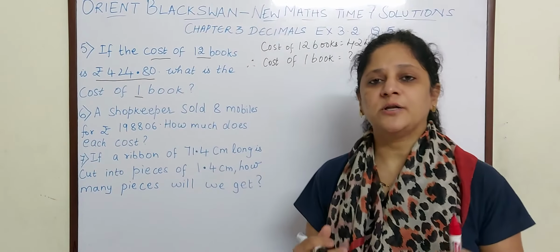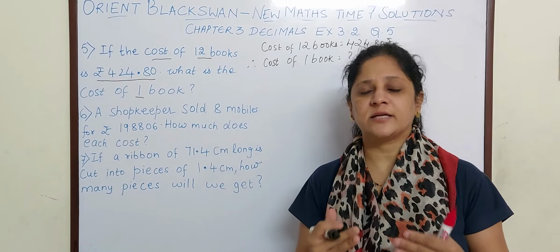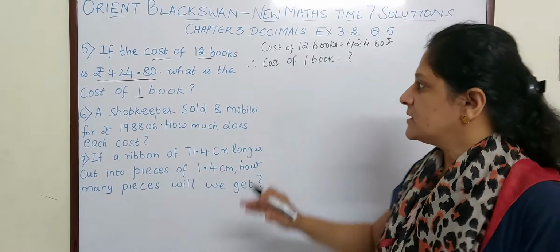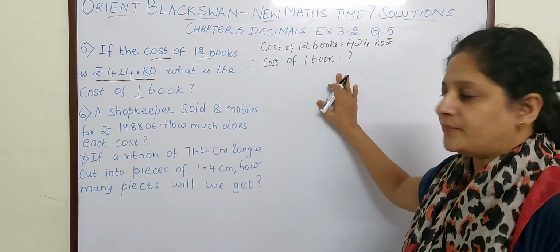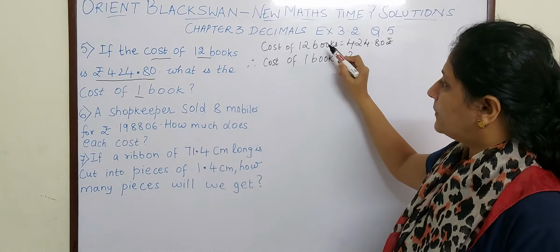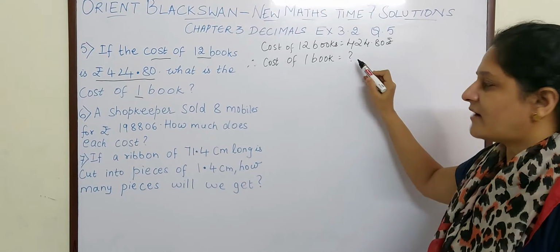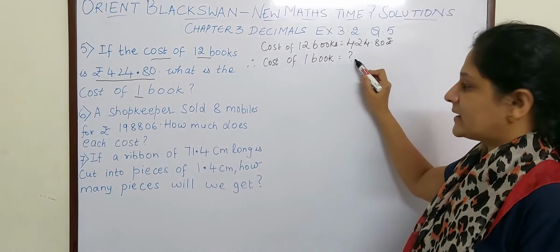Now suppose children you are confused whether this is a case of multiplication or division. You can do one more thing: please write this statement and then you can place books under books and rupees under rupees. So they have asked us what is the amount. So that is a question mark.